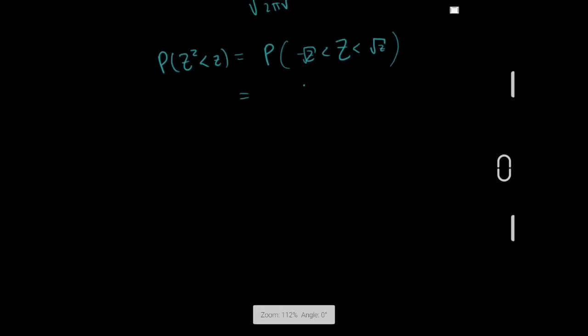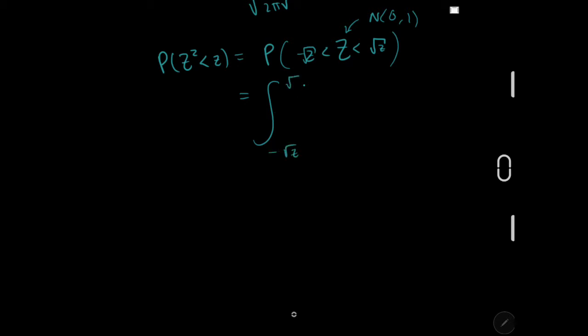Now if we look at the following, this is just equal to the probability that some standard normal is between two values, since Z is a standard normal. This is equivalent to evaluating the CDF of Z at these two bounds, but you can also think of it as the integral from negative square root of z to positive square root of z of the PDF of Z, with respect to x.